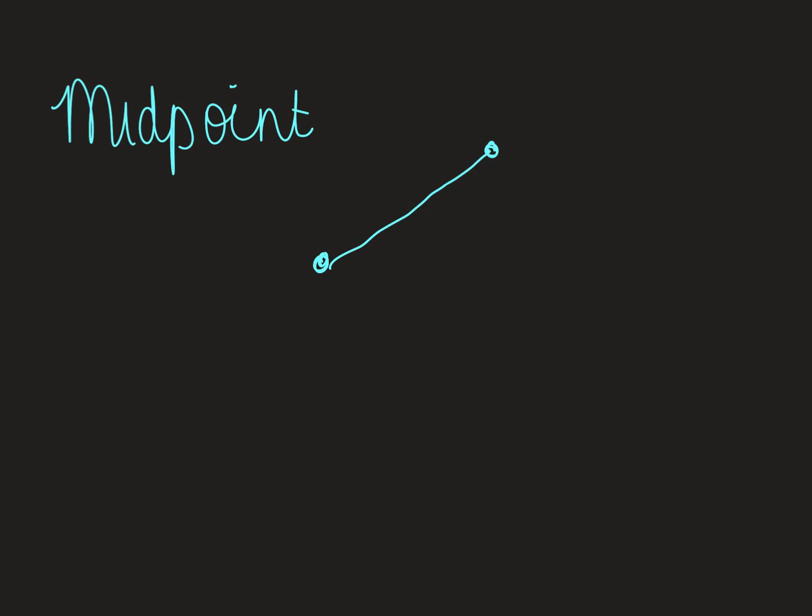The second topic on this video is to find the midpoint. So if I have a line, the midpoint is the point that is halfway down the line, halfway up the line. And if we know this ordered pair, and we know this ordered pair, they want us to find that ordered pair. So here's what we're going to do. We're going to add the x's and divide by 2.